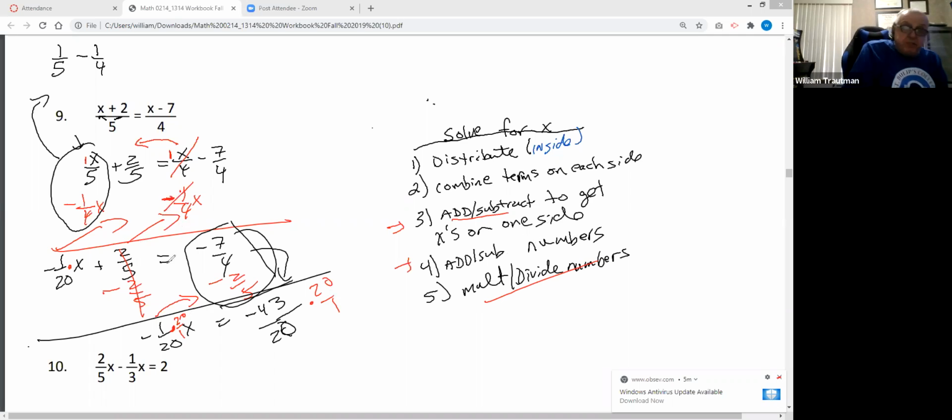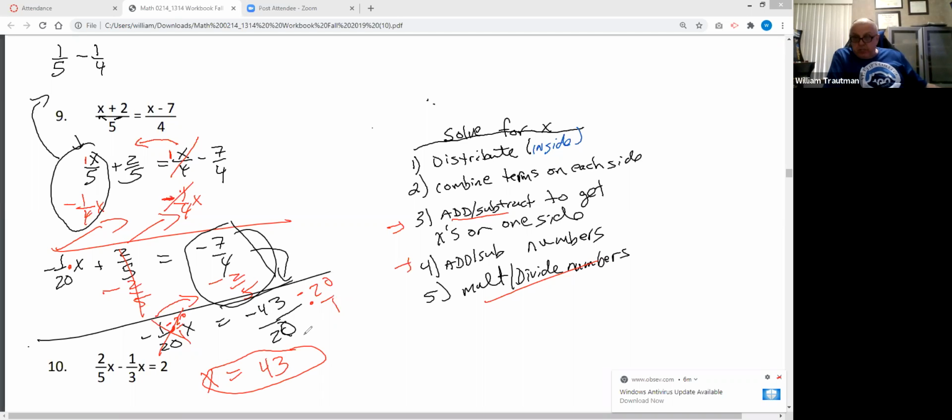By the way, by flipping it, it's still a negative. -1 over 20 flipped is still -20 over 1. This all turns to 1x. On the other side, when you multiply these two, -43 over 20 times -20 over 1, you get a positive 43. So the answer to number 9 is a positive 43.